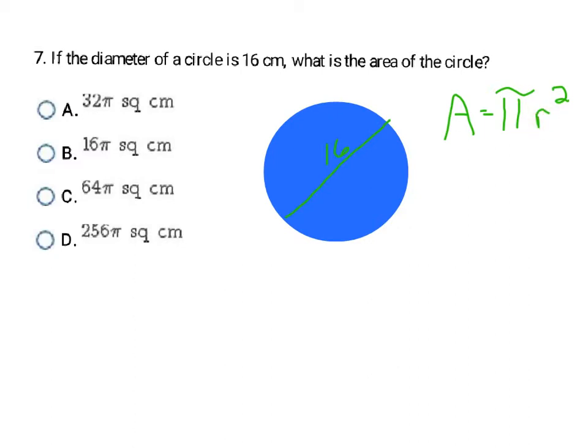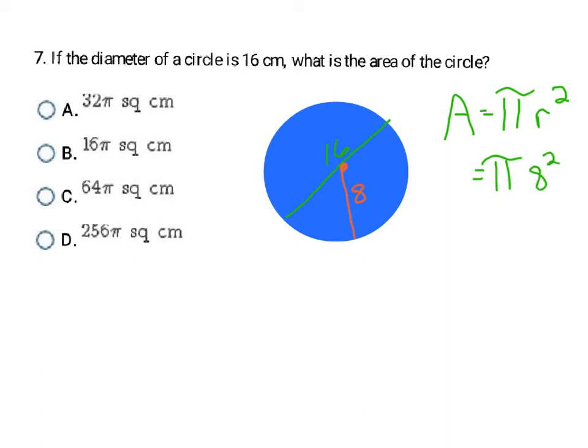So first I have to find the radius. It tells me that the diameter is 16, so all the way across the circle is 16 through the center. So a radius would be half of that, from the center to the outside. So that means that my formula here is going to be pi times 8 squared.